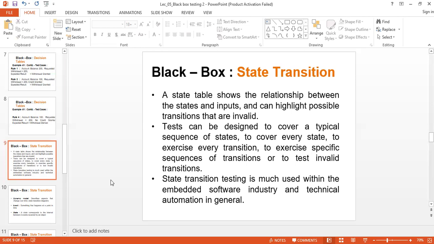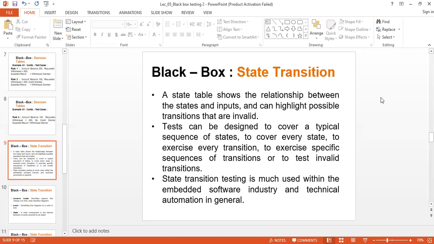So especially I think in the Tihara case, you have different sensors. I don't know whether you are getting them from a device, I don't have that idea. But if you are collecting different values from IoT devices, state transition will be a useful technique for those kinds of embedded or IoT related projects, right?